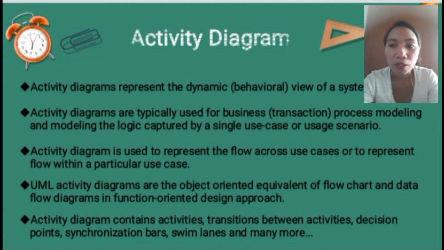UML activity diagrams are the object-oriented equivalent of flowcharts and data flow diagrams in function-oriented design approach. An activity diagram contains activities, transitions between activities, decision points, synchronization bars, swim lanes, and many more.